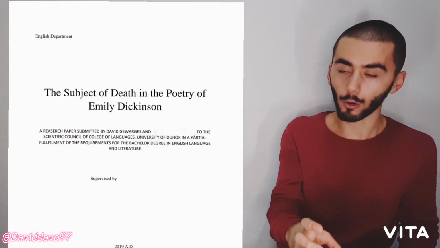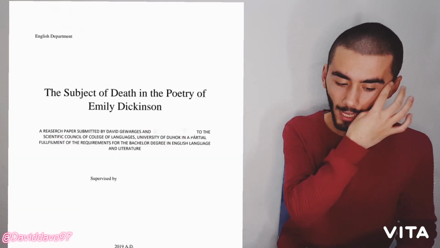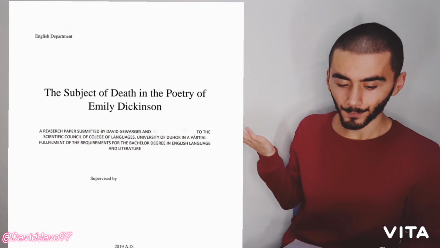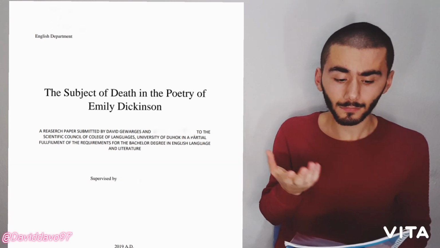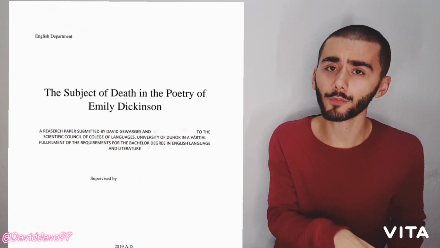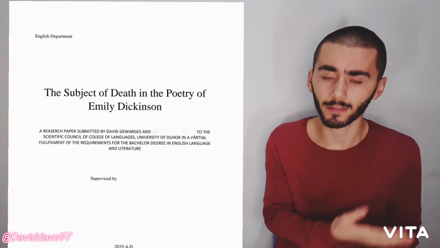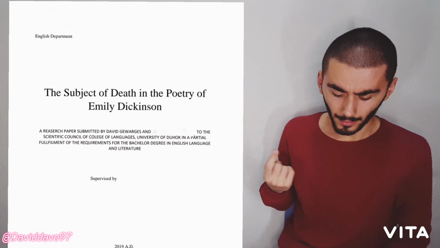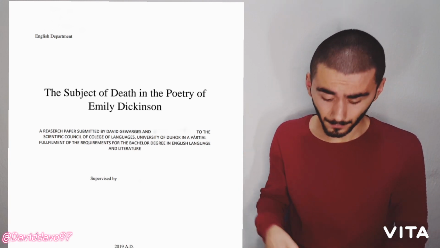It is very different from the way that we did it because the structure is simply, you would have the logo of the university, the name of the country, region, the name of your university, the name of your college, and the name of your department, which is, in this case, the English department. Then you would have your title. The title needs to be bold.